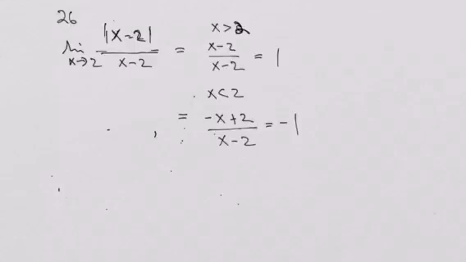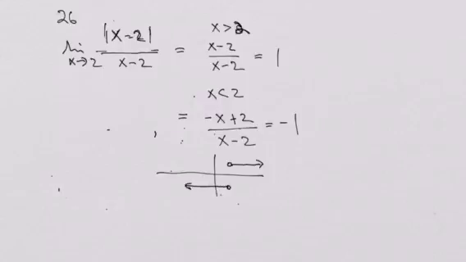If we think about what that function really looks like, it is doing this. It's equal to negative 1 all the way up to the point where x is equal to 2, and then it bops up to positive 1 on the other side of that.